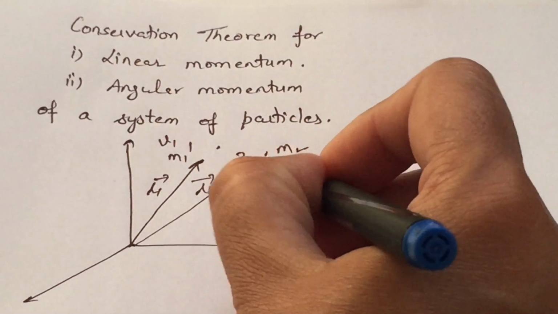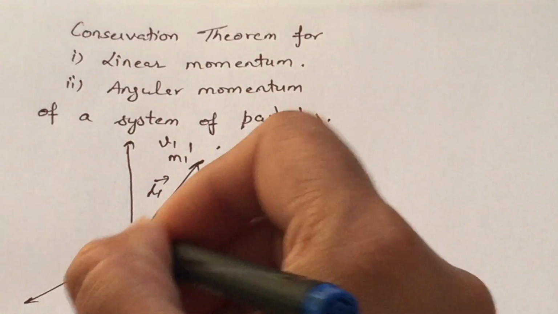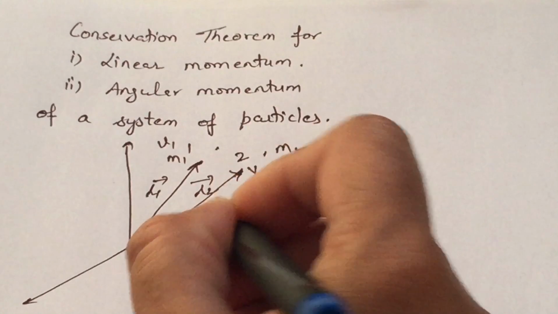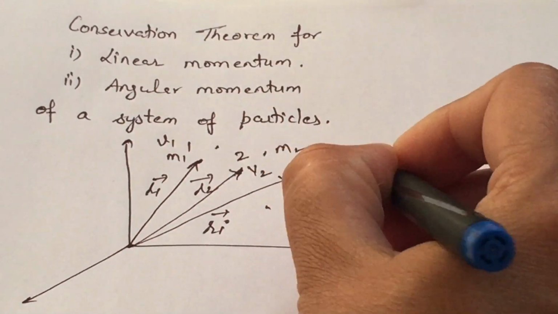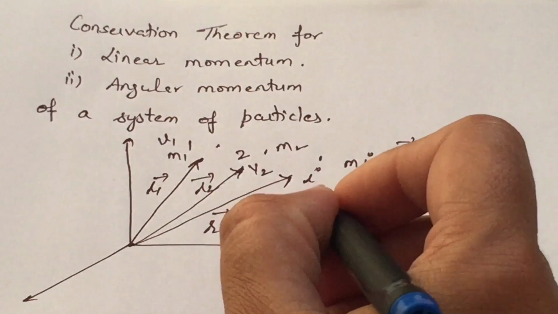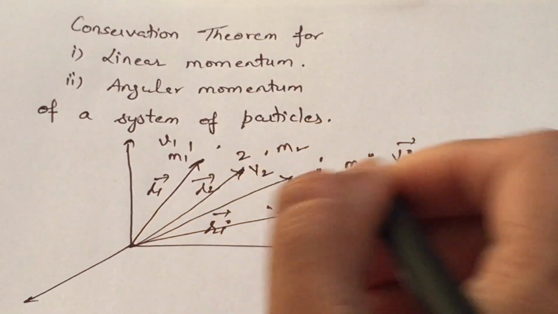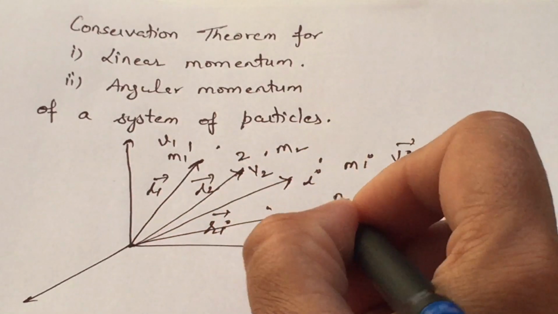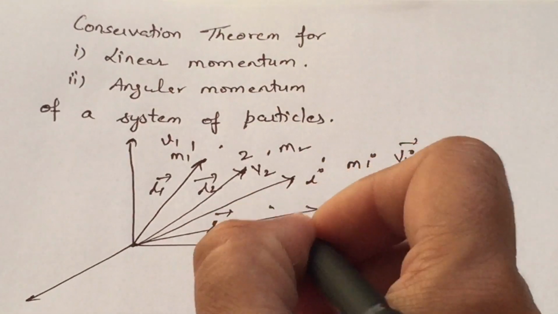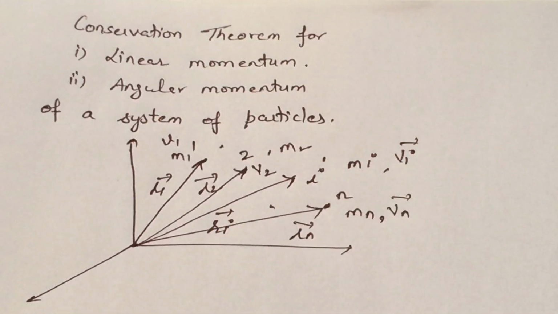And similarly, this is our ith particle, and the position vector of the ith particle is ri, the mass is mi, and the velocity of the ith particle is vi. And this is our nth particle, which is represented with mass mn, velocity vn, and the position vector rn.